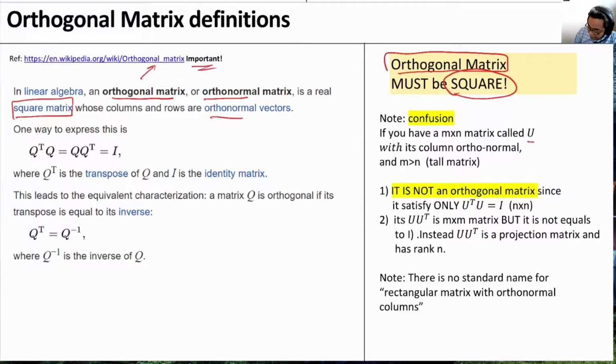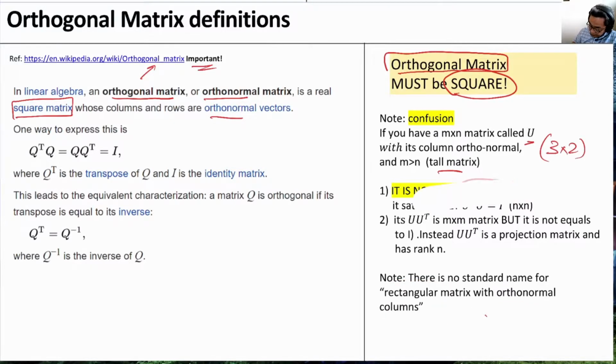So if a matrix U only has orthonormal columns, for example, it's a 3 by 2 as in our previous example, the two columns of U are orthonormal, it is not an orthogonal matrix. We can simply say that it is a rectangular matrix with orthonormal columns. It has no special name. The special name comes when this rectangular matrix becomes a square matrix. And when it is a square matrix, then it is called an orthogonal matrix.